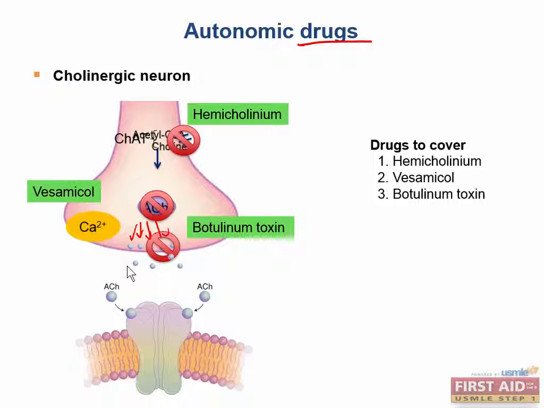And now once in the synaptic space, our acetylcholine can then bind to a postsynaptic receptor to mediate some effect. So here we have our nicotinic receptor, for example. These acetylcholines will go and activate some downstream receptor. So it can also be enzymatically degraded by acetylcholinesterase, which is going to split acetylcholine into our choline and our acetate.